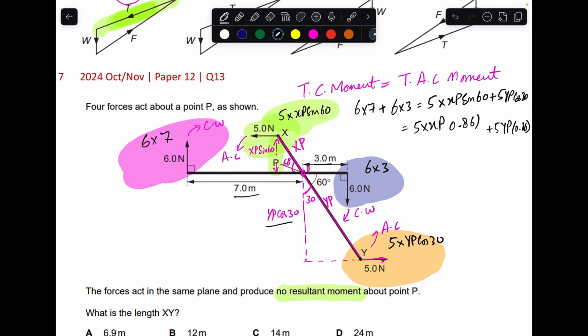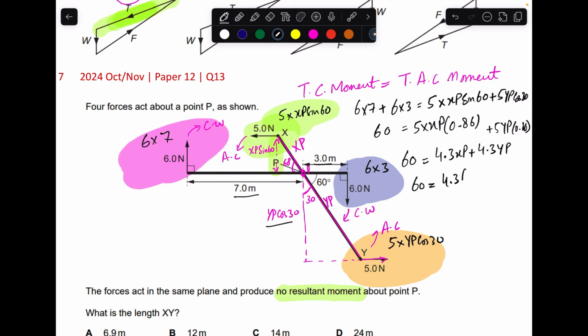Okay, on the left side, 6 into 7 is 42, plus 6 into 3 is 18, so it is 60. So 60 is equal to 5 into 0.86, which gives 4.3 xp, plus 5 into this, it's 4.3 yp. So 4.3, you can take the common.